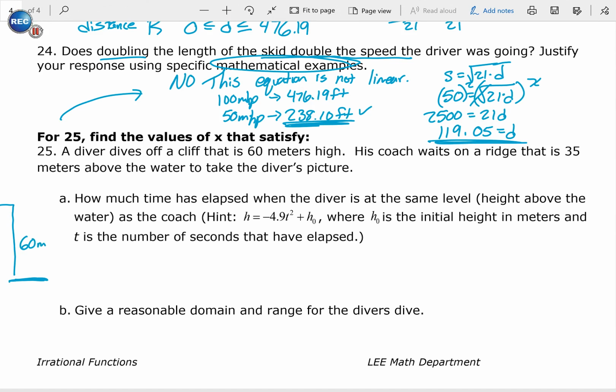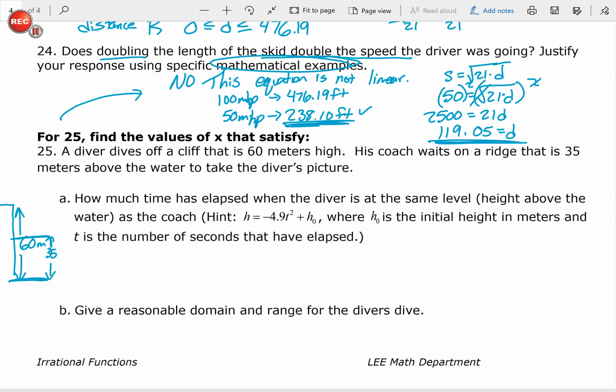The coach waits on a ridge that is 35 meters above the water. So he's about halfway. So we have 60 that goes this way, and then we have 35.